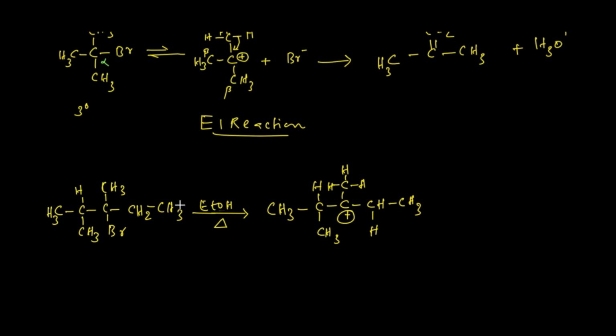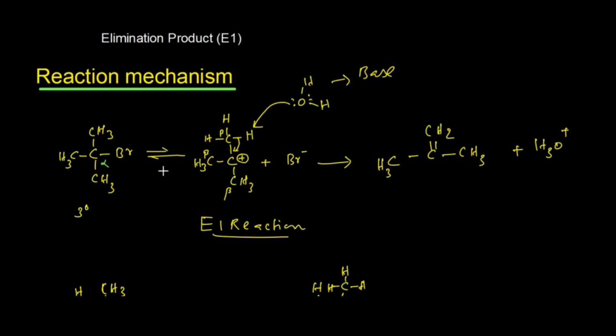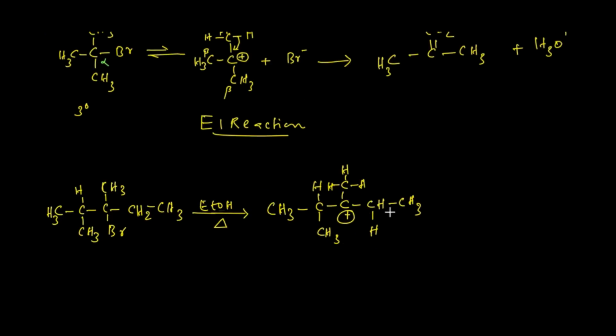Now let us see a different substitution of the beta carbons. Here in all the cases they are methyl, so we get only one product. Suppose our beta carbons are different, you see all the beta carbons are different, in this case what will form?